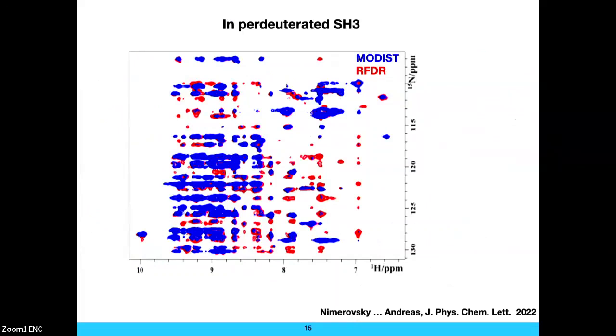We can also compare with radio frequency driven recoupling for a deuterated protein, just to see which peaks we're retaining, how strong they are, and which we're missing. And this also compares very favorably. We basically observe the same cross peaks when the frequency separation is below around 2 ppm. And you can see this red strip here where we miss contacts because the frequency separation is just too large.